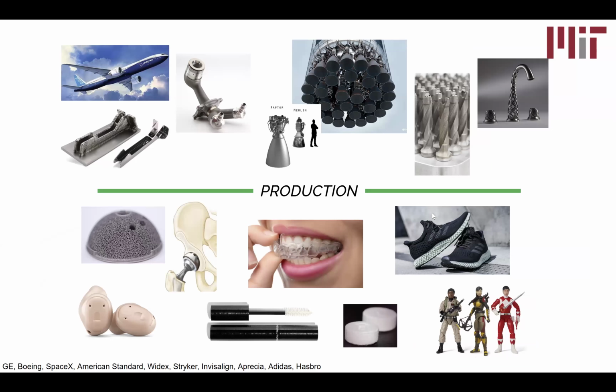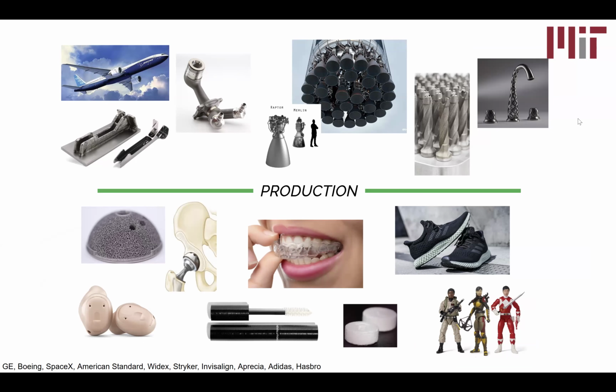Mainly about production. So today, additive manufacturing is not such a new technology anymore, where we only talk about rapid prototyping. We can talk confidently about full production using additive manufacturing.